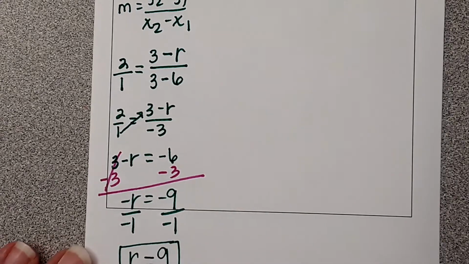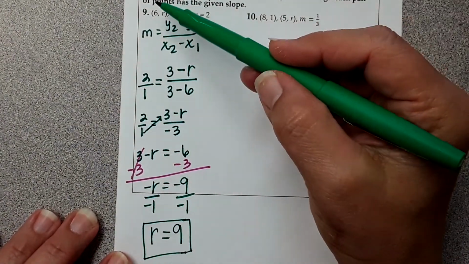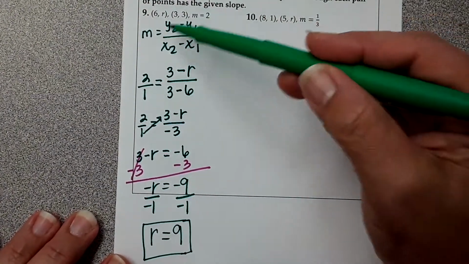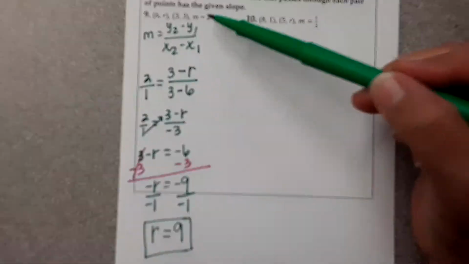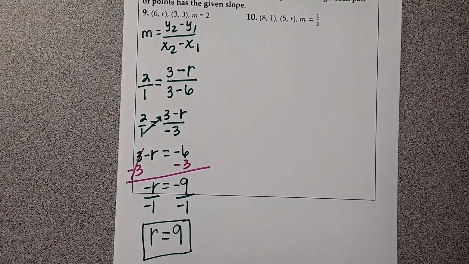So r is just that missing piece right here. So the ordered pair would be 6, 9, 3, 3. So r would be 9. In order to get a slope of 2, we would need this point to be 9. That's what that means.